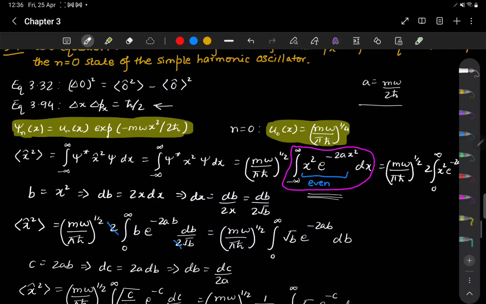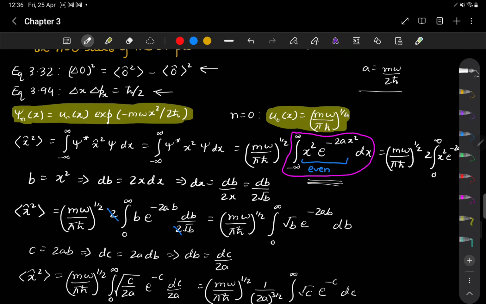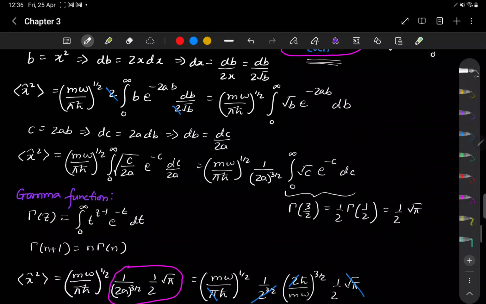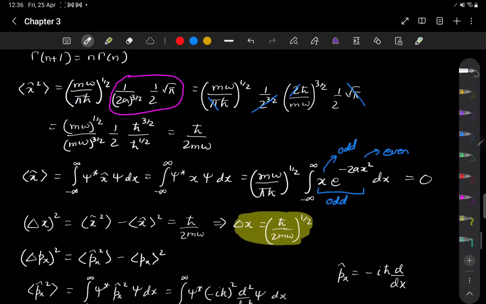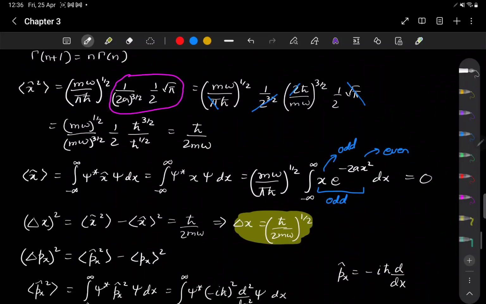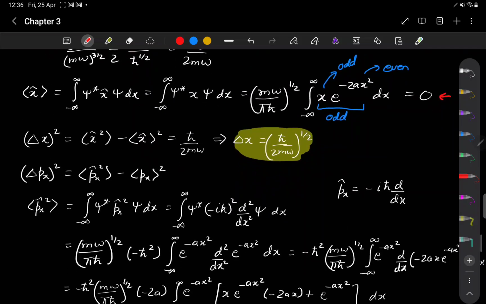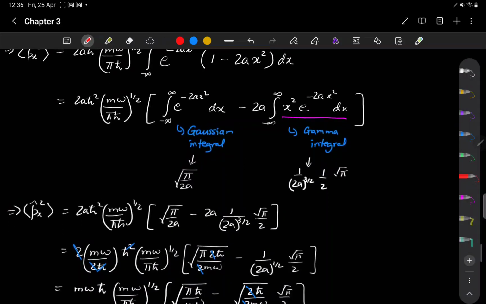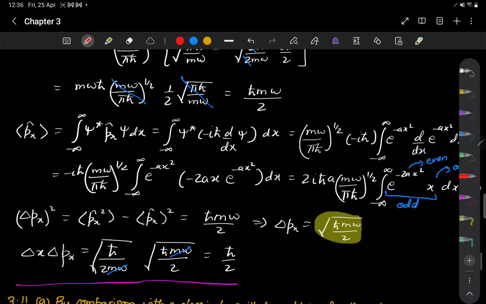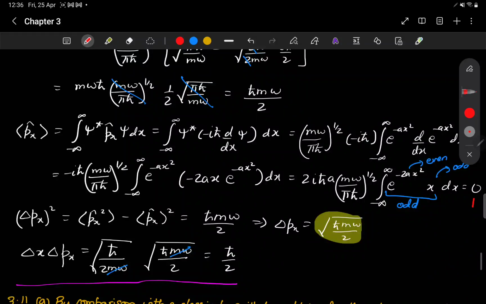To do that, we made use of the expression for the variances: expectation of operator squared minus square of the expectation of the operator. In doing so, we also saw that the expectation value of the position operator turned out to be 0, and similarly the expectation value of the momentum operator was also 0.